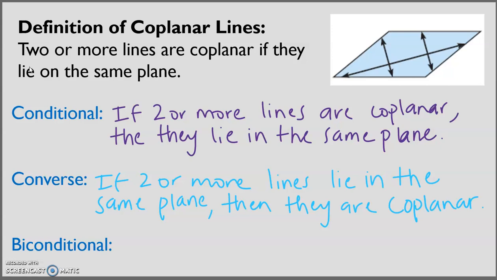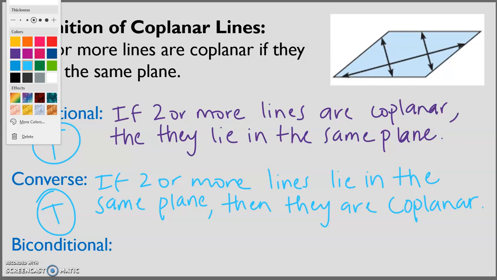Okay, now if we think about the truth value of these statements, this one is true by definition. This one is true by definition. Therefore, this argument is biconditional, meaning that it works in both directions.